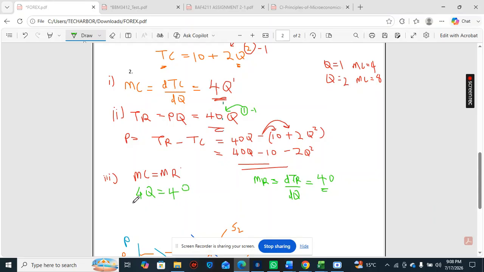So divide both sides by 4 to get the value of Q. 40 divided by 4, that is 10 units. So this firm must produce 10 units to maximize profit.